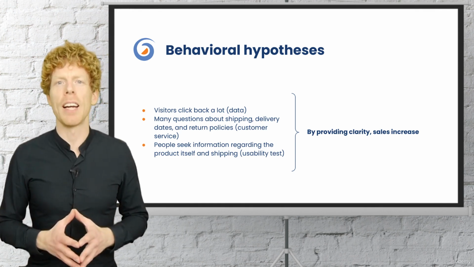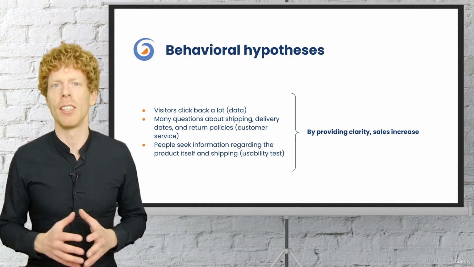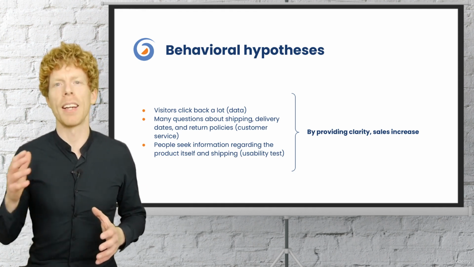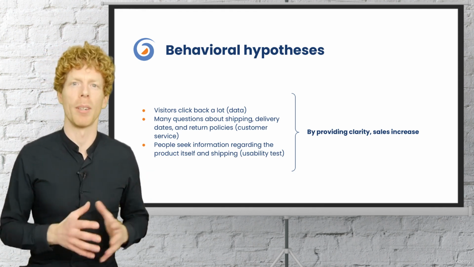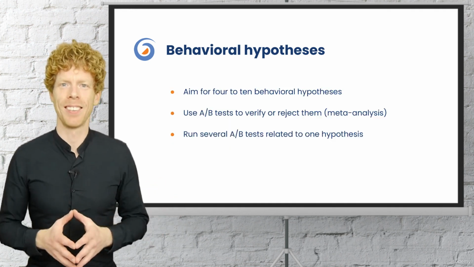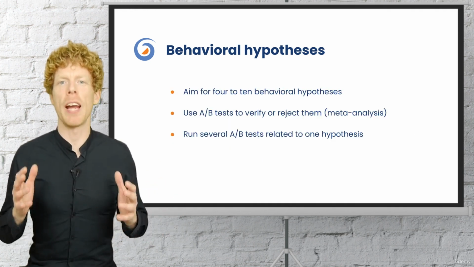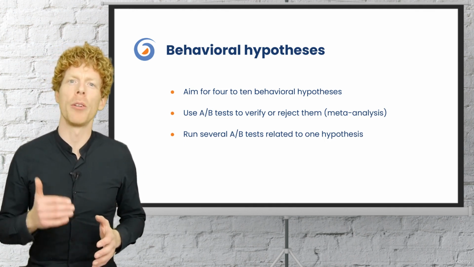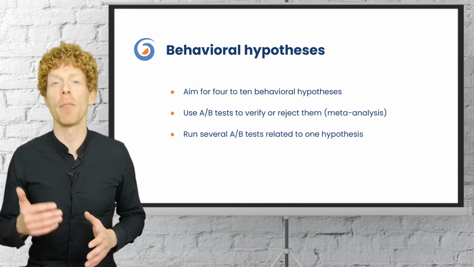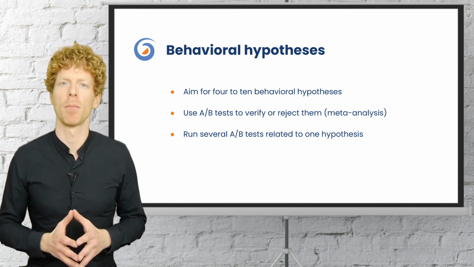From these findings, we can conclude that visitors need clarity when they buy from the merchandise store. So by providing clarity, sales will go up. Another excellent behavioral hypothesis. Now these are just 2 behavioral hypotheses, but when you do your optimization research, aim for 4 to 10 behavioral hypotheses.